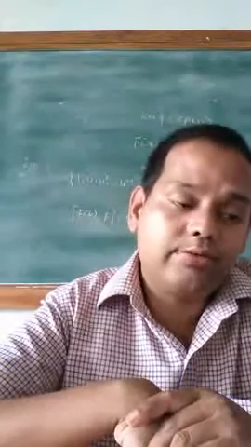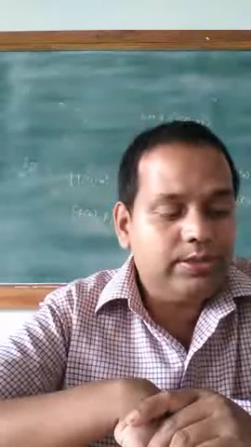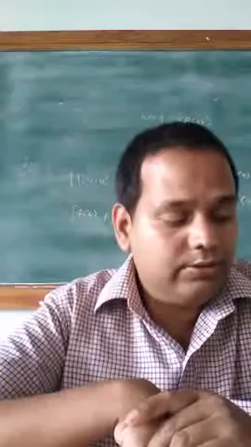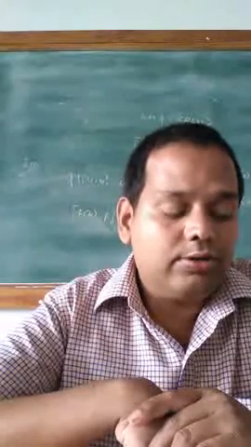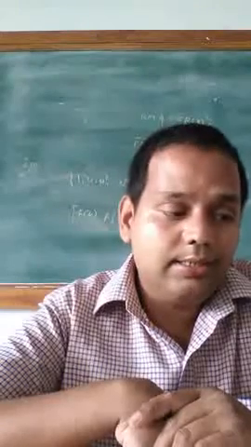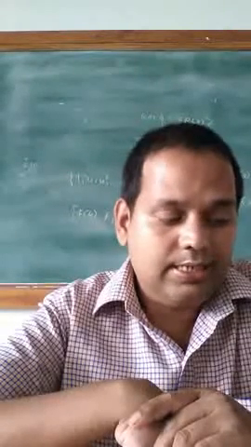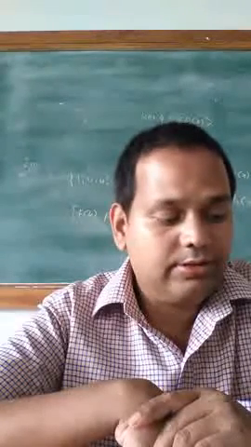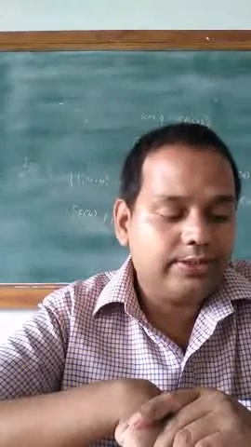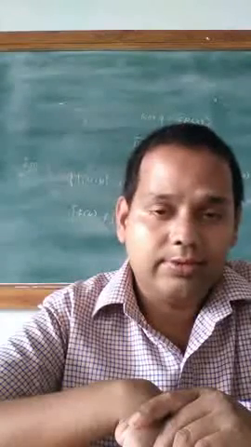So f of x is equal to p of x into g of x for some g of x belongs to F of x. Therefore, p of x is a non-constant polynomial with degree of p of x less than or equal to degree of f of x for all f of x belongs to I and f of x is not equal to 0. Call this equation number 1.